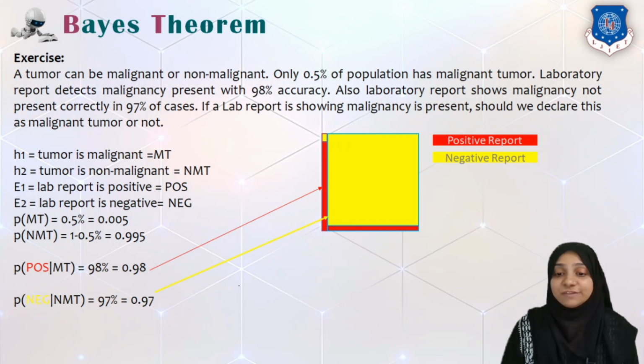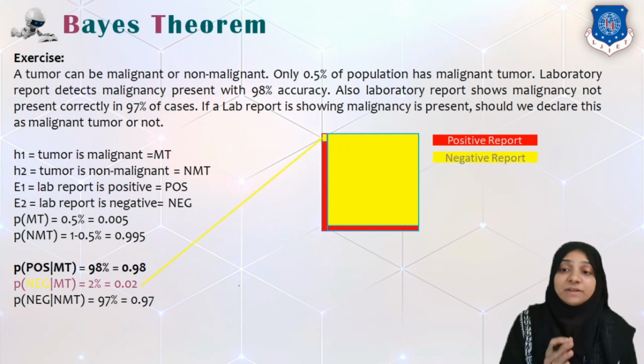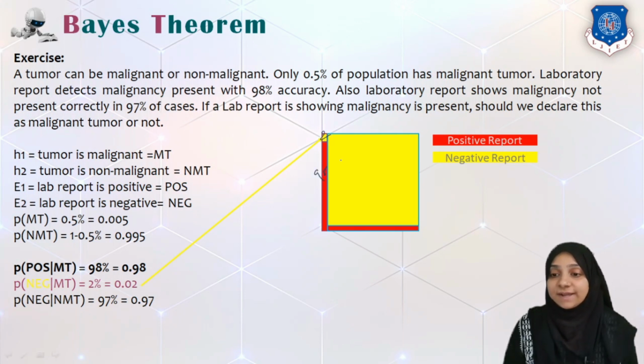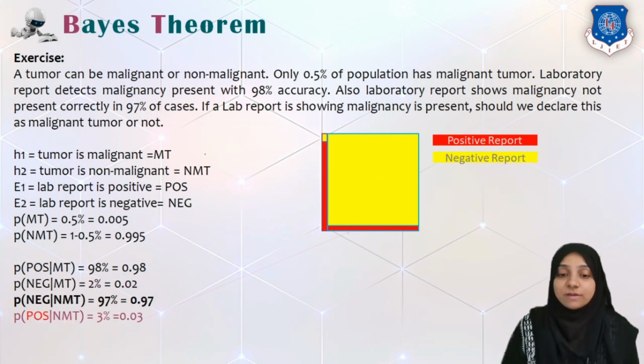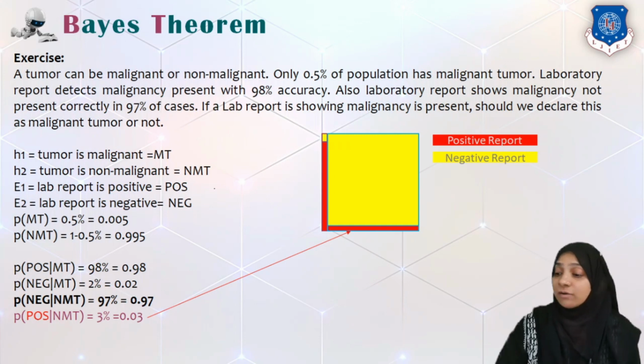And out of this, we have positive results with malignant tumor at 98%, and negative results in non-malignant tumor at 97%. So negative result in malignant tumor, this small part, is 2%, because this is 98%. And if this is 97%, this will be 3%. So positive results in non-malignant tumors are 3%.